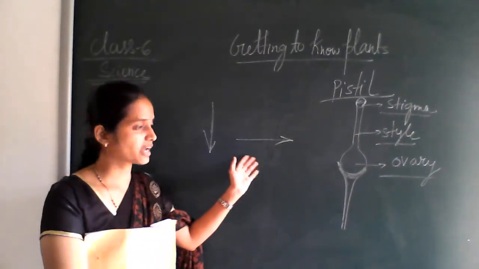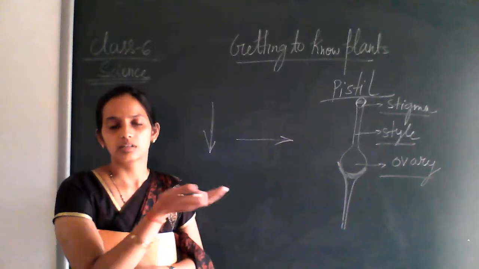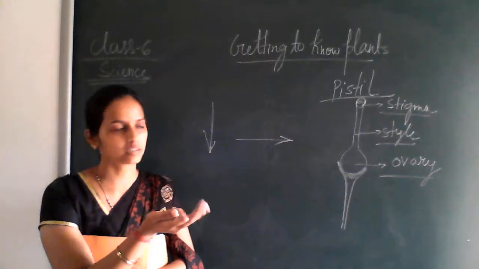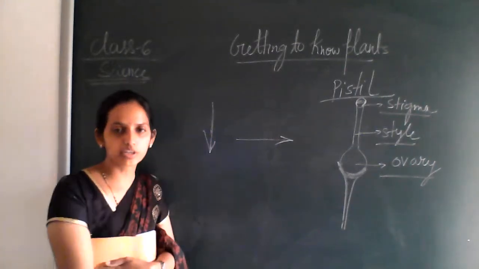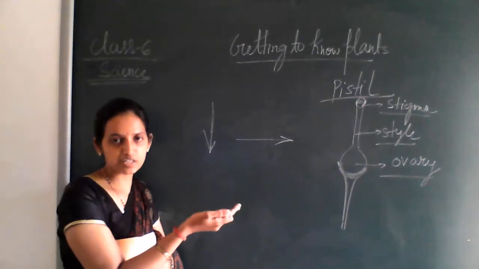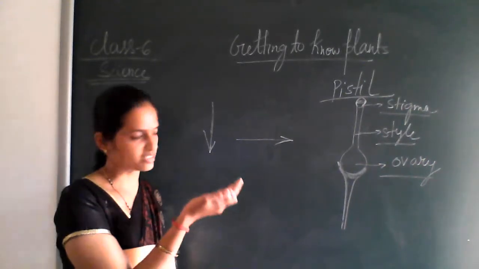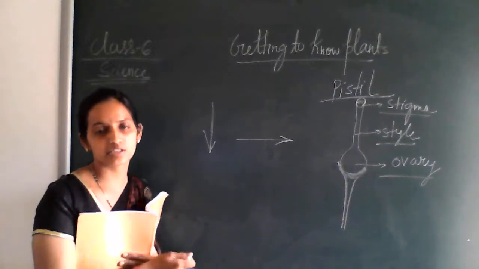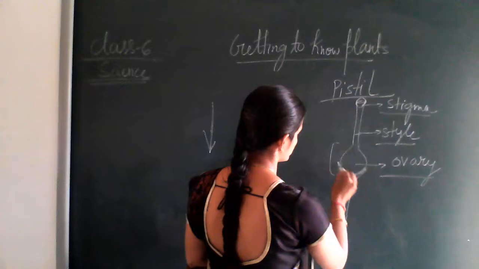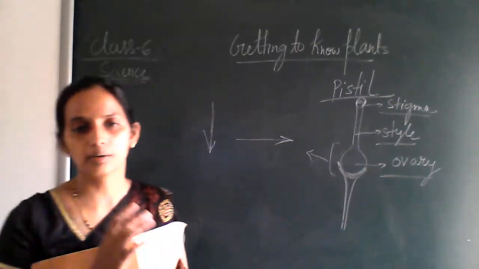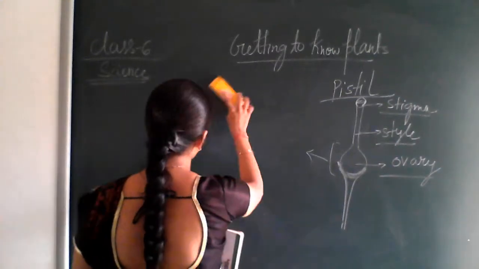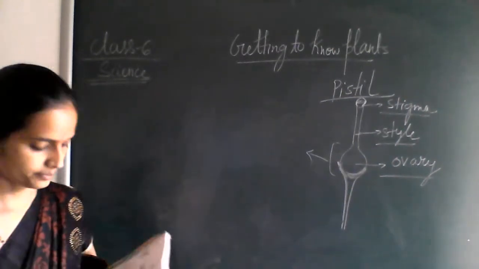We also use the terms longitudinal or vertical section, and transverse or horizontal section. In these directions we are going to cut the ovary and observe what is inside it.